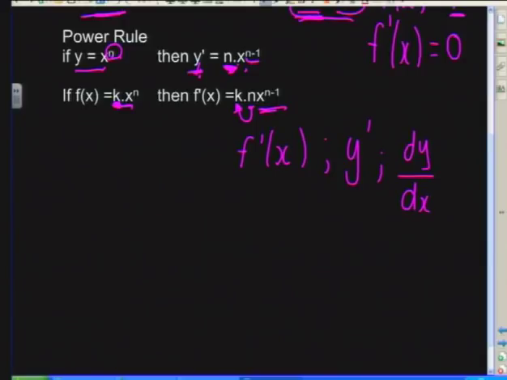Or you might see d over dx and then a bracket with a whole function in there. Those are all different notations to show that you are finding the derivative.